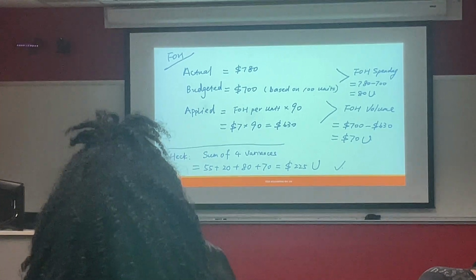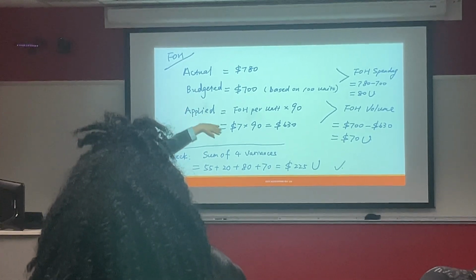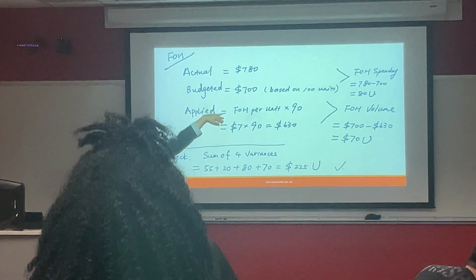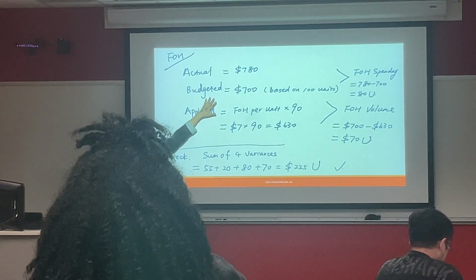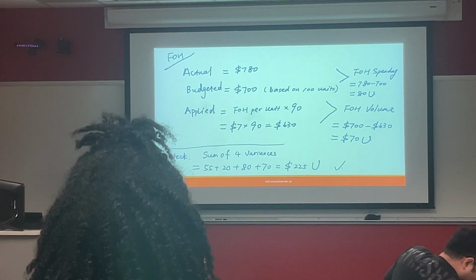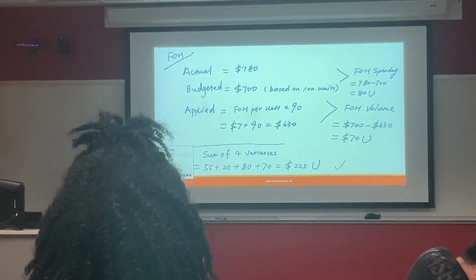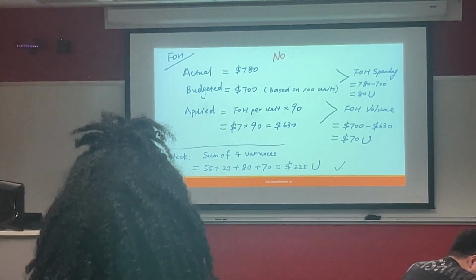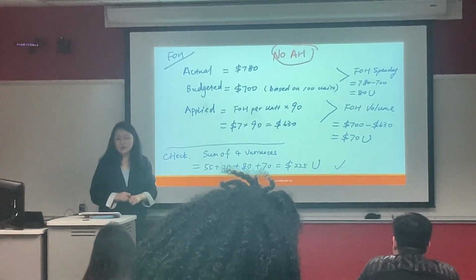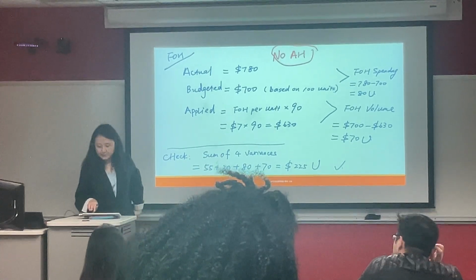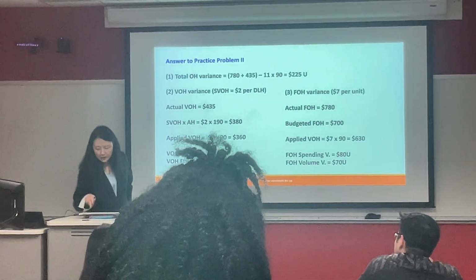Most important thing, look at the calculation. Did I use AH? Is AH here? No AH. That's a common mistake. So there's no AH, that's important. So you need to figure that out. I gave you that.